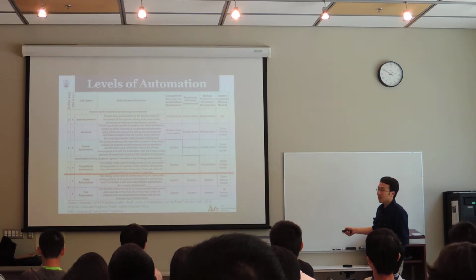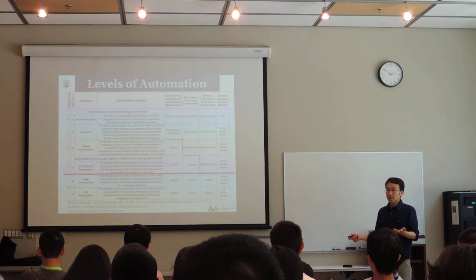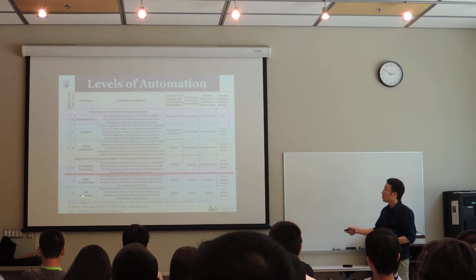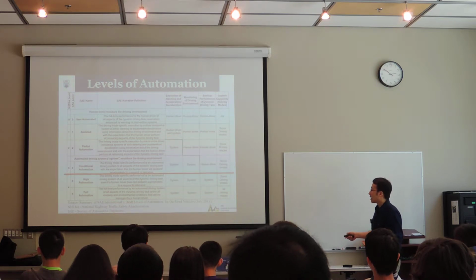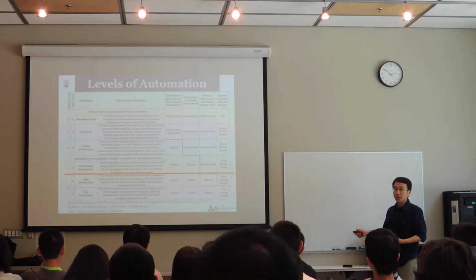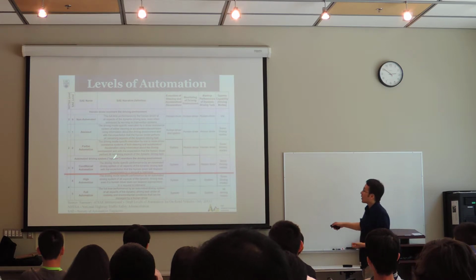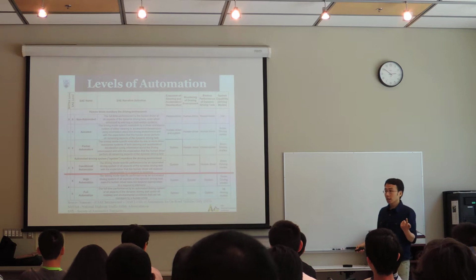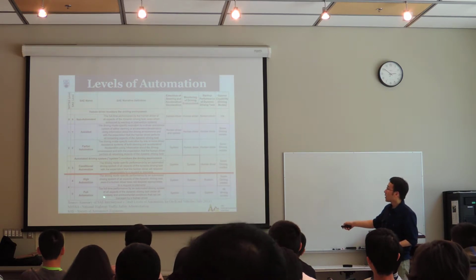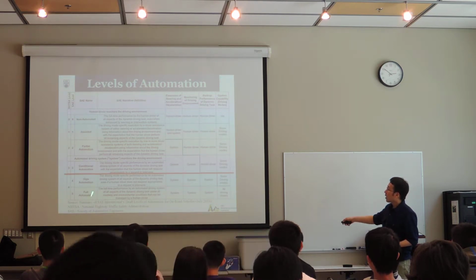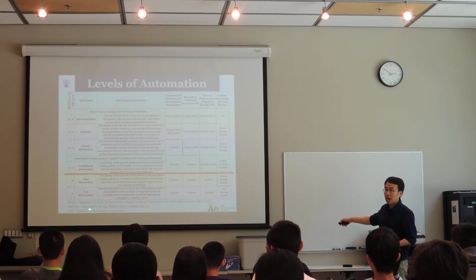So let's see. The situation I just described is level 5. You can see this is full automation. According to the Society of Automotive Engineers, they divide the levels into 6 levels, from level 0 to level 5.